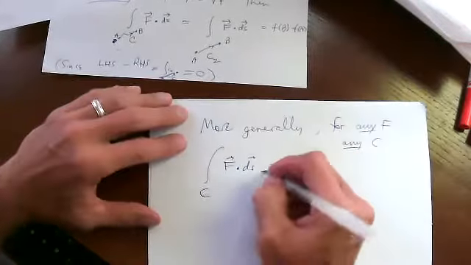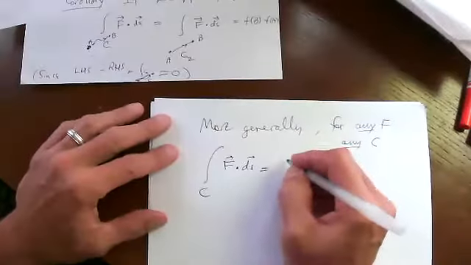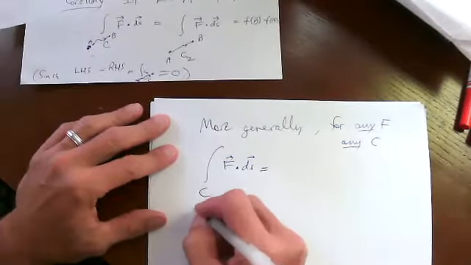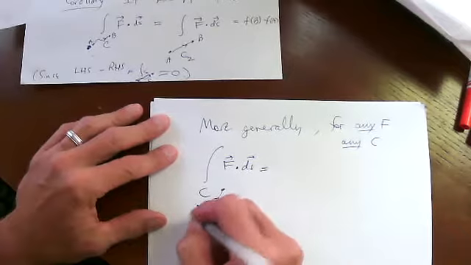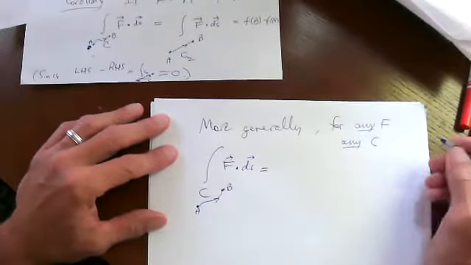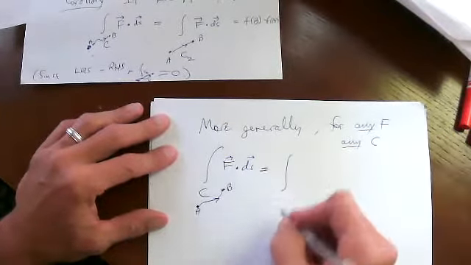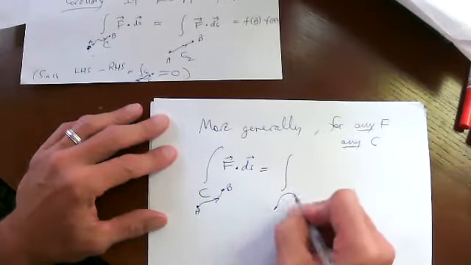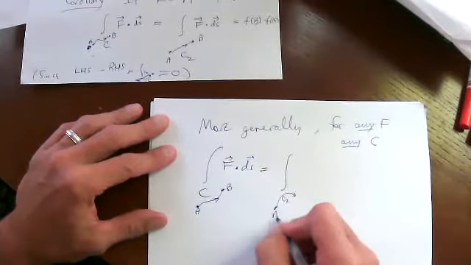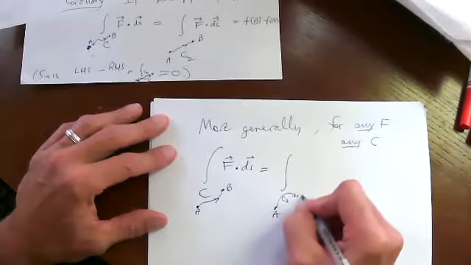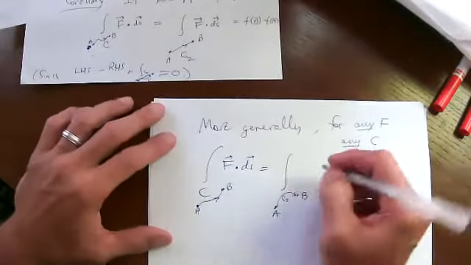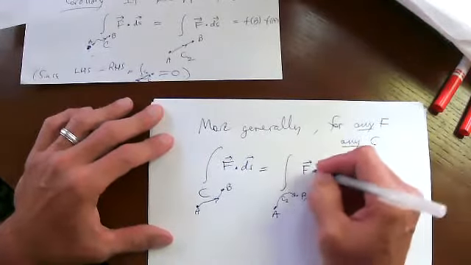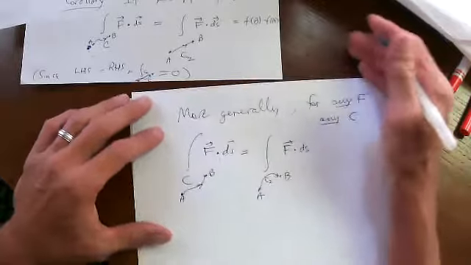But you can do something very similar to what I said over here. Let me draw the curve with its beginning and ending points A and B. You can always replace that curve with another curve that goes from A to B. So I'll call it C2. It doesn't have to be a straight line, although that's usually easier. You have to integrate the same exact vector field.